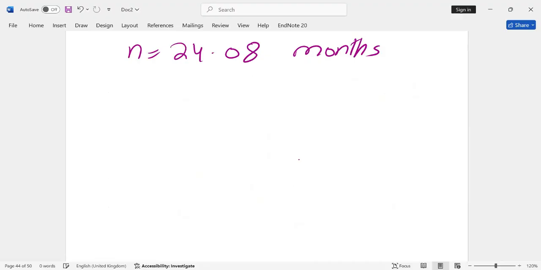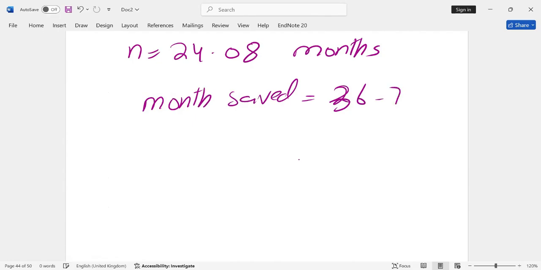So the months saved equal 36 minus 25 equals 11 months. So Tishupu will repay the loan 11 months earlier. This is the required answer for this question.